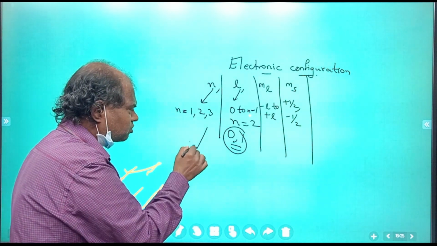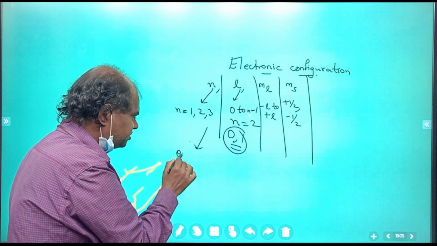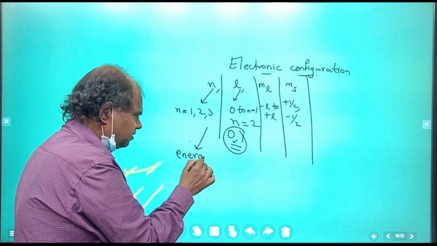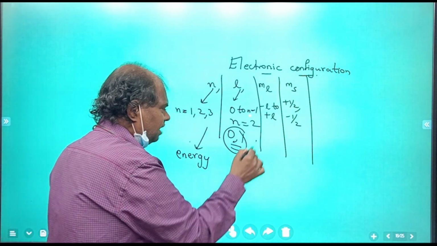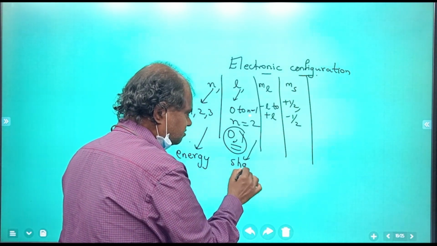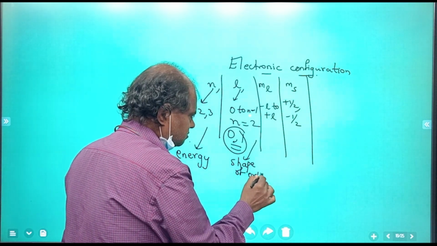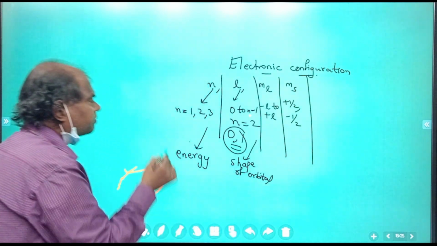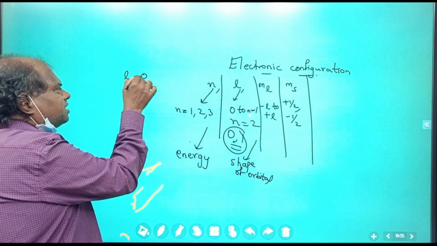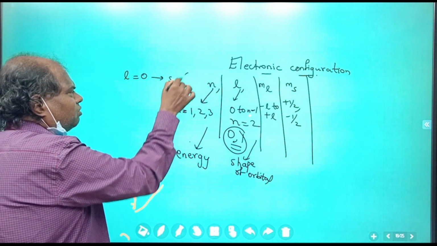And what is the importance of all these quantum numbers? See, n will give you the energy. We have discussed this in the Zoom class also, right? l will give you the shape of the orbital. Now, what is the meaning of shape? l is equal to 0 means which orbital? Tell me. Yes, s will look like this.